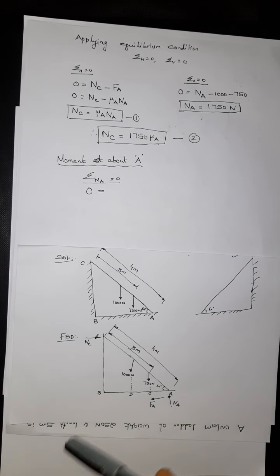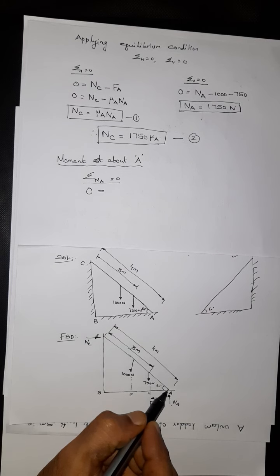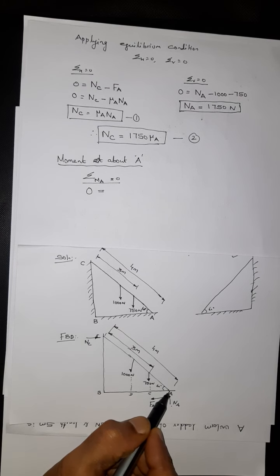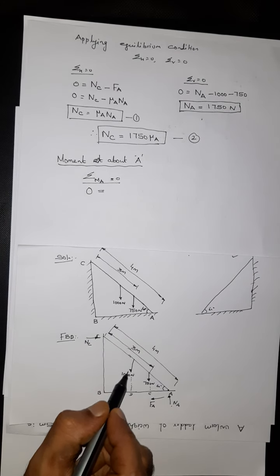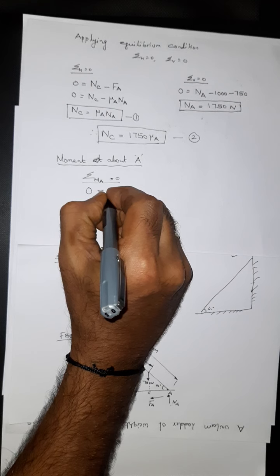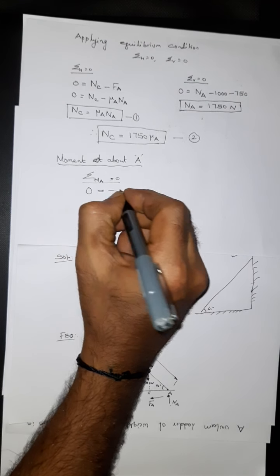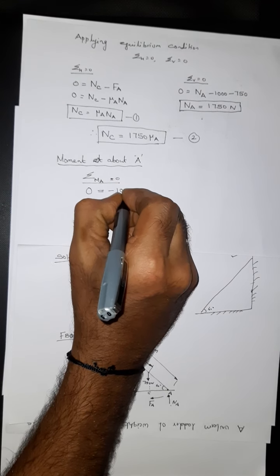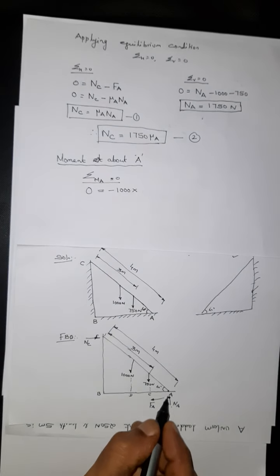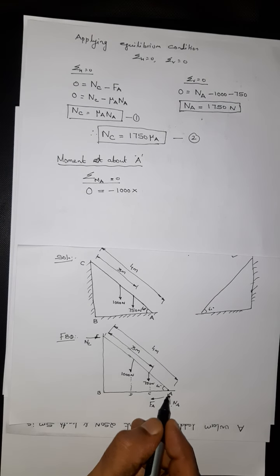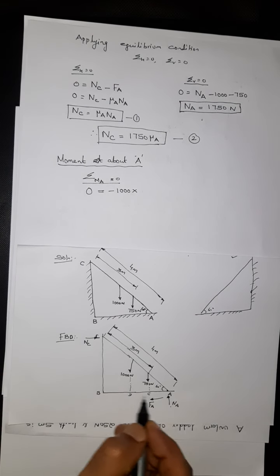How is it acting? We have assumed point A, right? So from here it starts rotating in the anti-clockwise direction. As far as moment is concerned, when it rotates anti-clockwise, it carries a negative sign. So 1000 into the distance from where you consider the point, so AD.